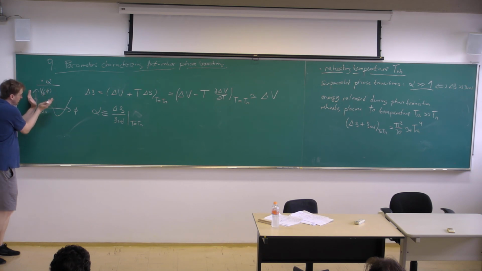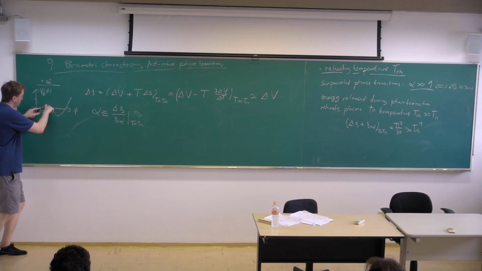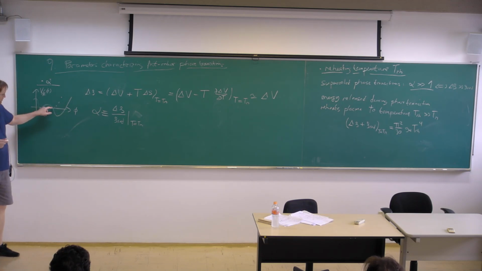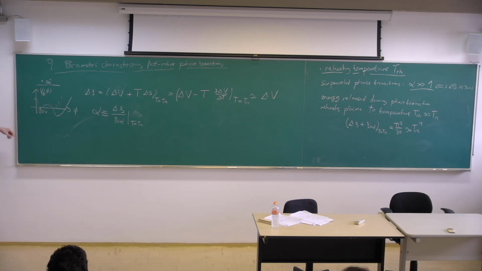Now it goes down, and at some point we reach a critical temperature where we can tunnel. Now we cool even more, and the potential starts to look like this, where there's a growing difference between the free energies here and here, which is really the energy difference between the two vacua.